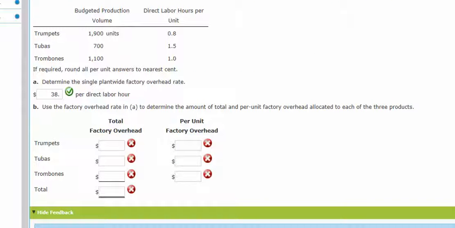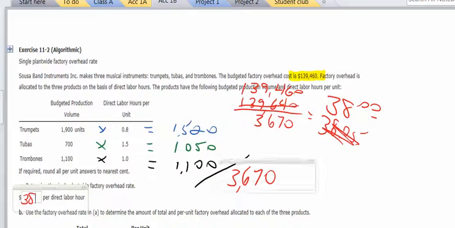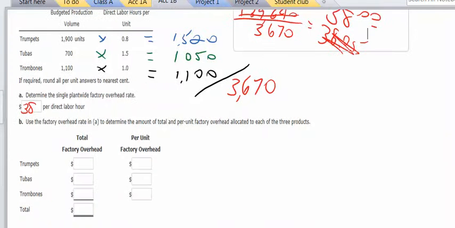In B, it says use the factory overhead rate in A, the $38, to determine the amount of total and per unit factory overhead allocated to each of the three products. So in each one of these cases, for the total overhead, I'll take the $38 for the trumpets times 1,520.